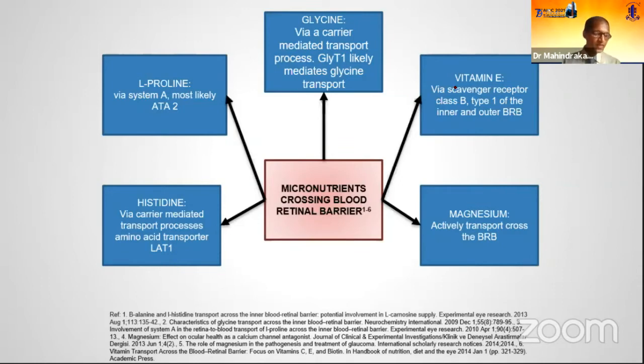Vitamin E crosses via scavenger receptor class B type 1 of the inner and outer retinal blood retinal barrier. Magnesium is actively transported across the blood retinal barrier. Histidine crosses via a carrier mediated transport process, an amino acid transporter. L-proline crosses via system A, most likely ATA2.